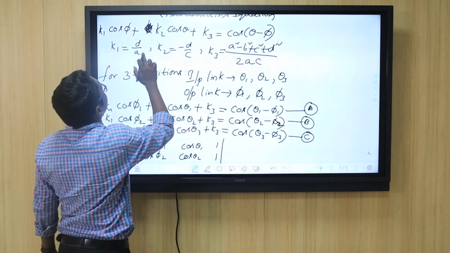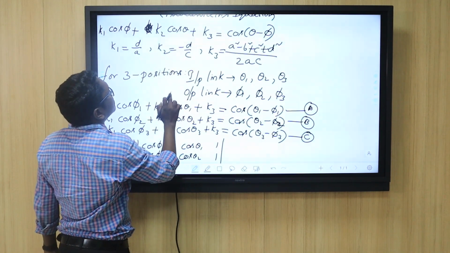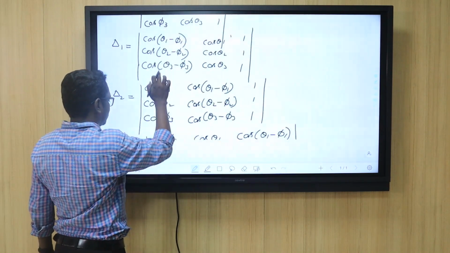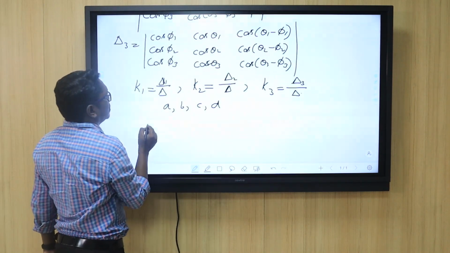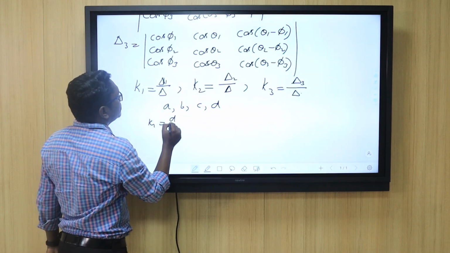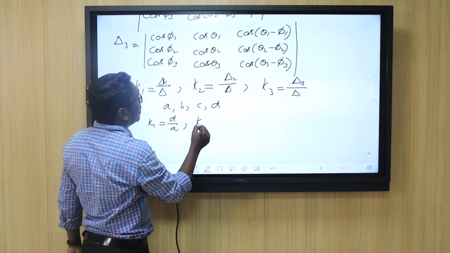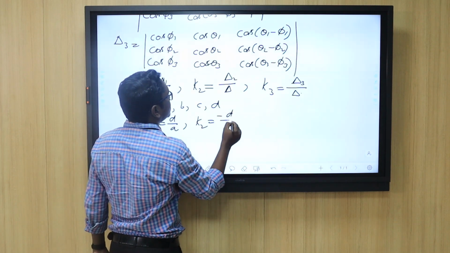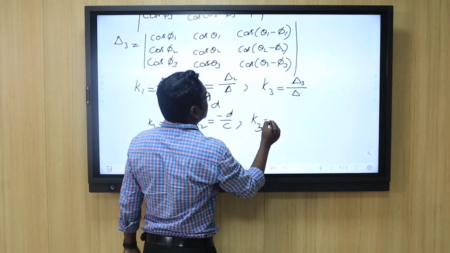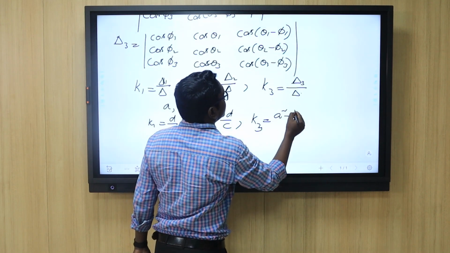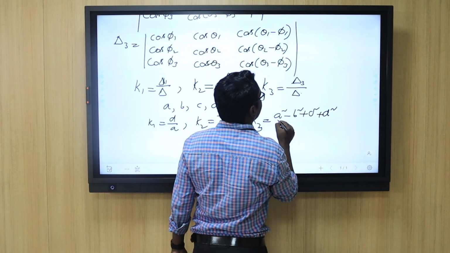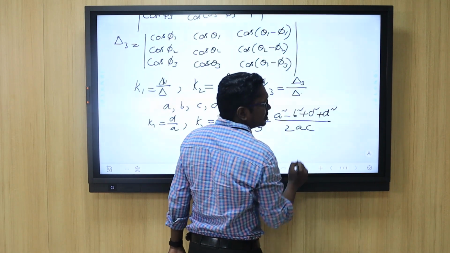So K1 is equal to D by A, K2 is equal to minus D by C, and K3 is equal to A square minus B square plus C square plus D square by 2A.